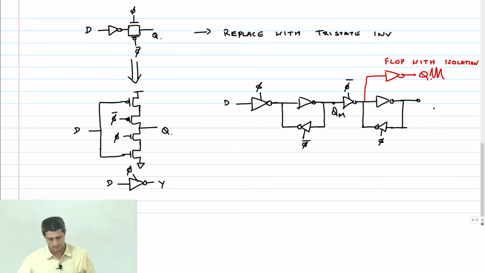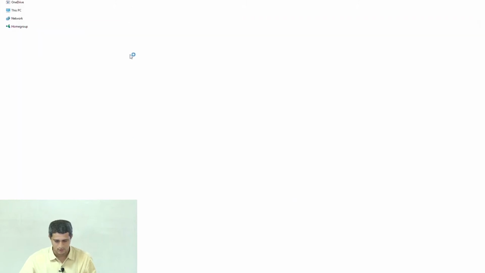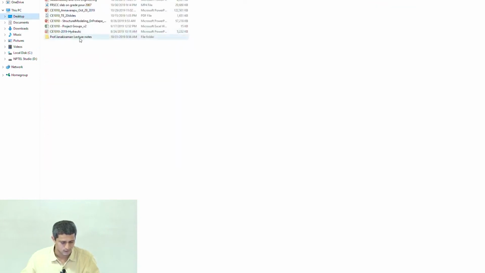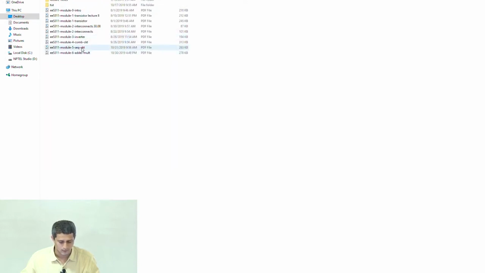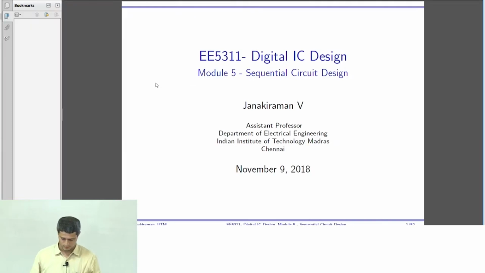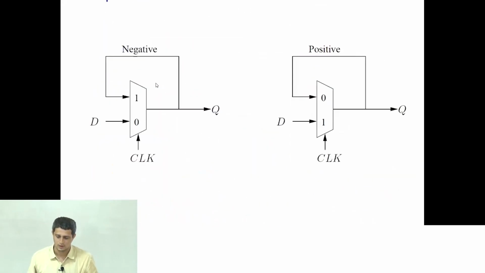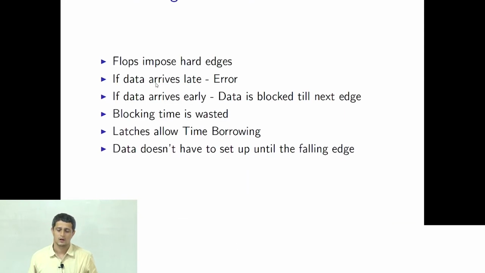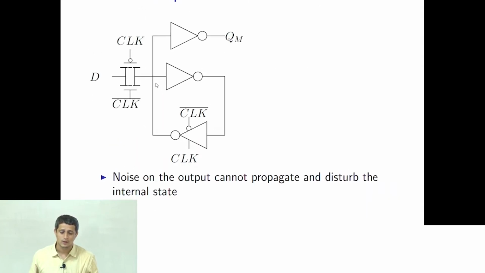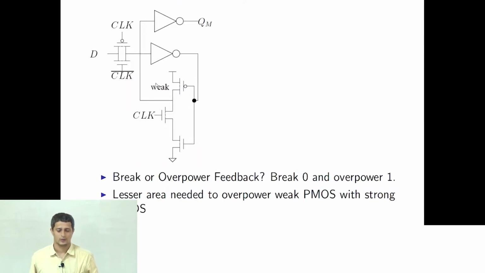Okay, so let me just show you one more interesting circuit here. What is this? Look at this latch here.